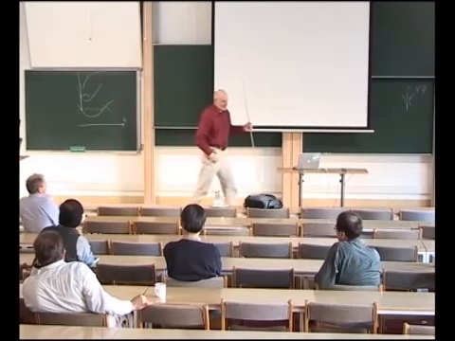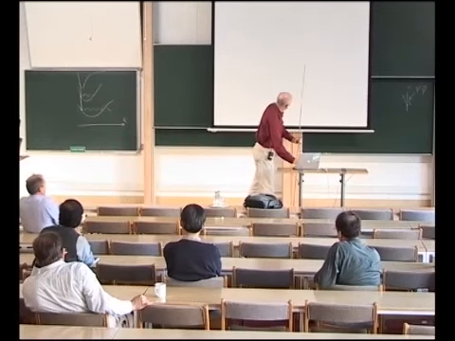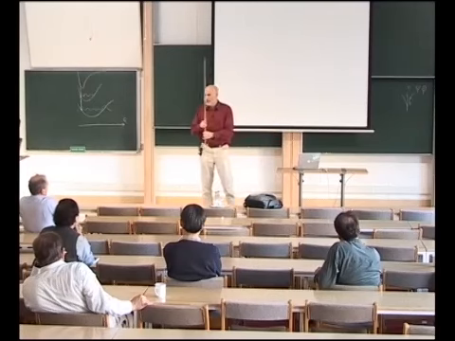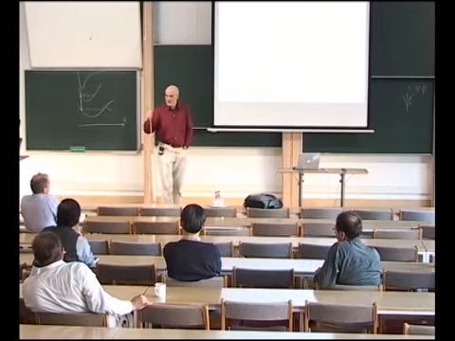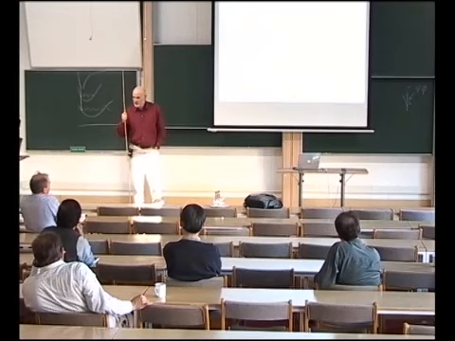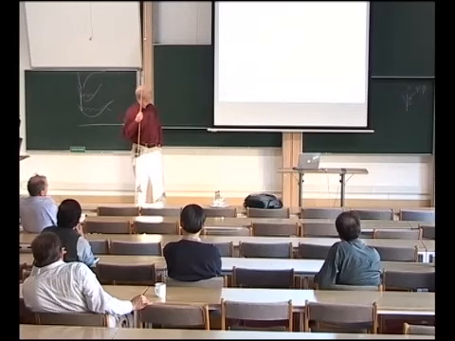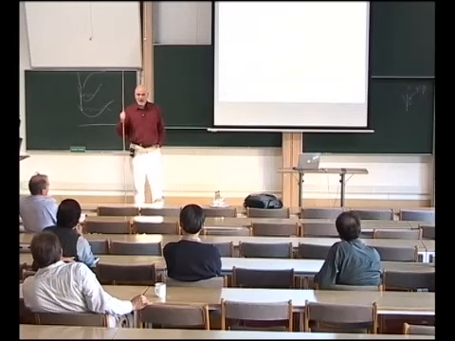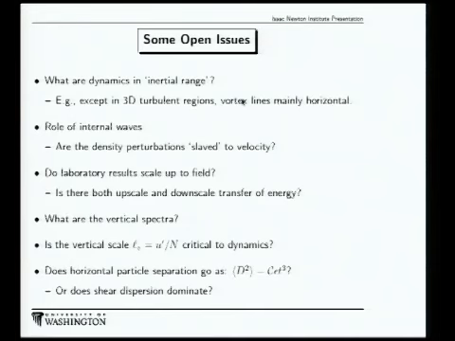One way to check the point: this tiny scale, U_z over N, the L sub Z you're talking about, if you multiply that by N over F, that'll give you a horizontal scale at which you'll feel rotation.